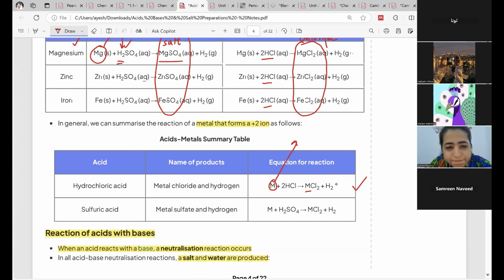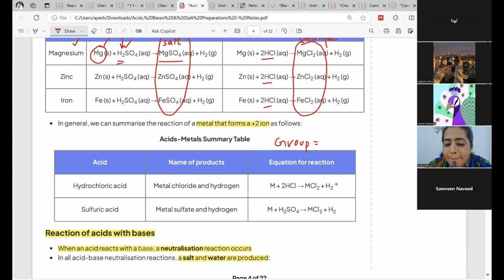Yes, Wafia. Miss, I think for here we're going to need a metal that can take 2 electrons from chlorine. Okay. So which group metal will it be? Think about it. Just apply your group and the charge concept over here.